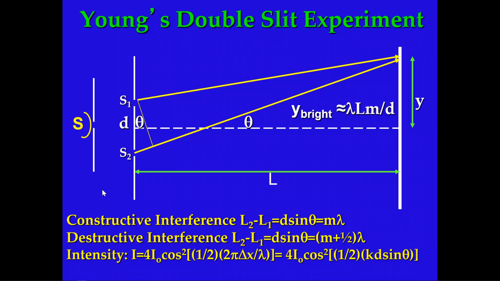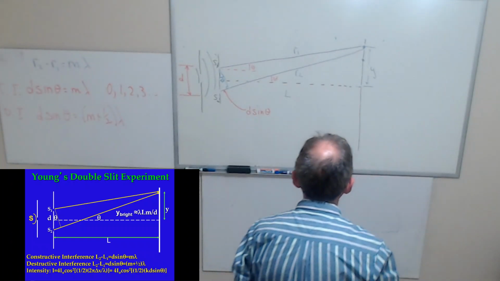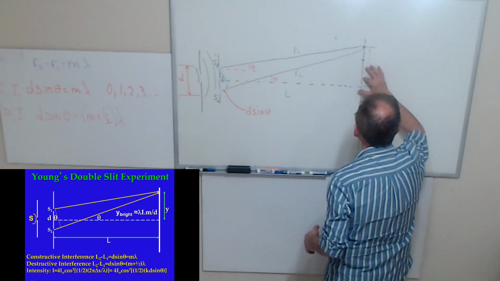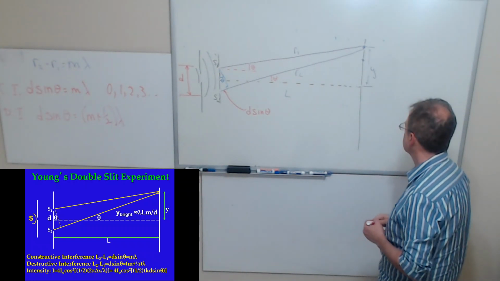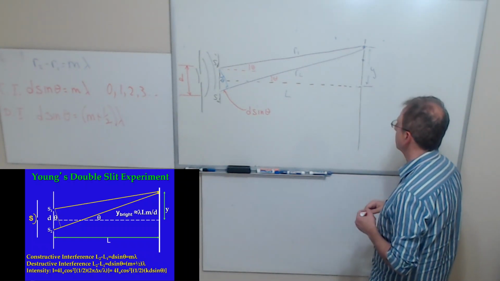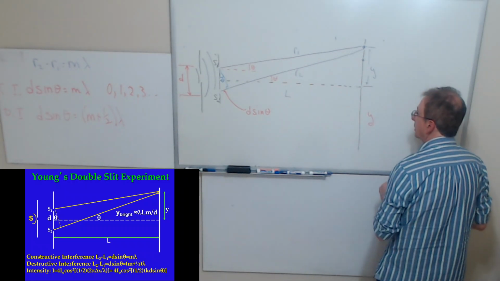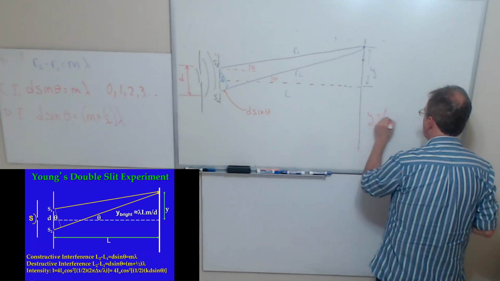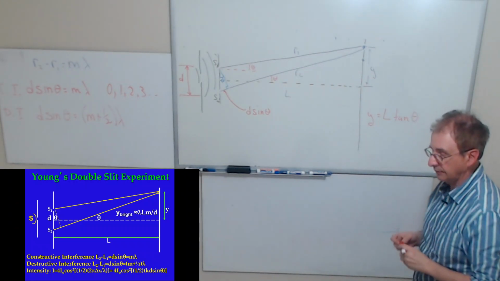Now, we can say one more thing. We can say something about the location of the max or min. We can solve this for y. Isn't it true from geometry that y is L tangent of theta?